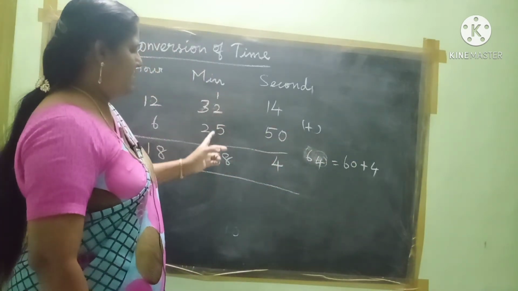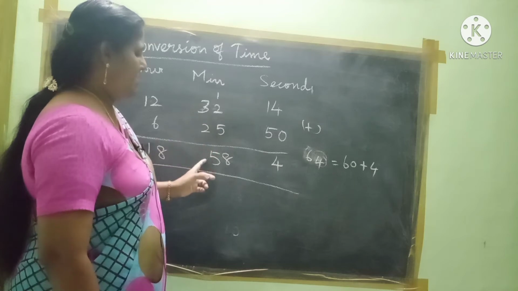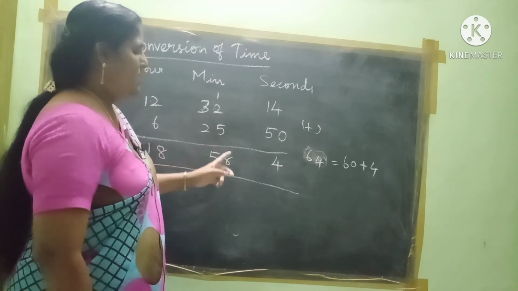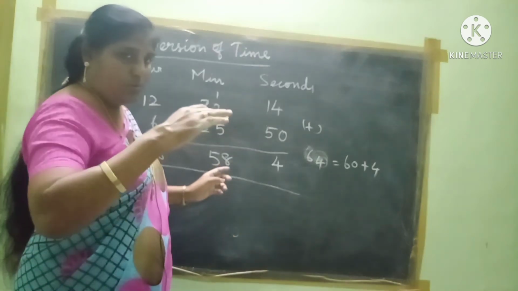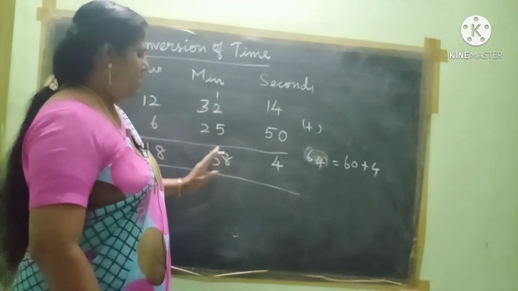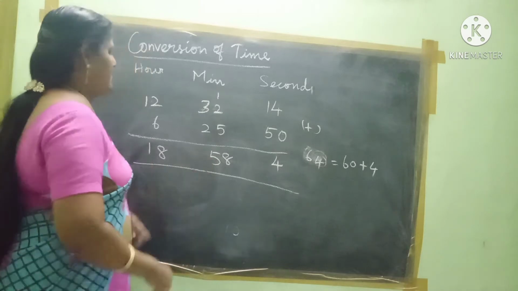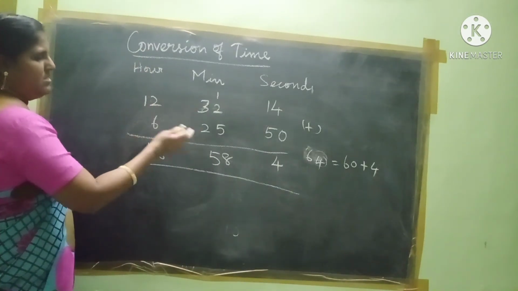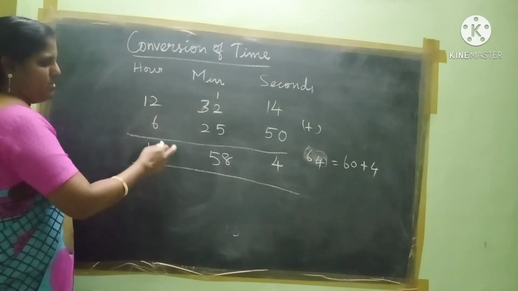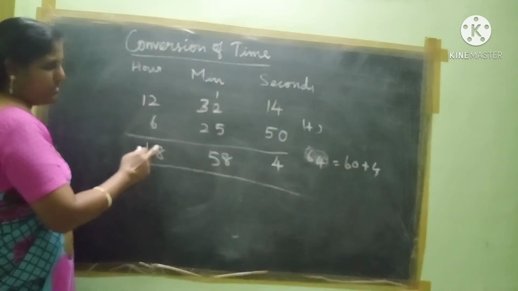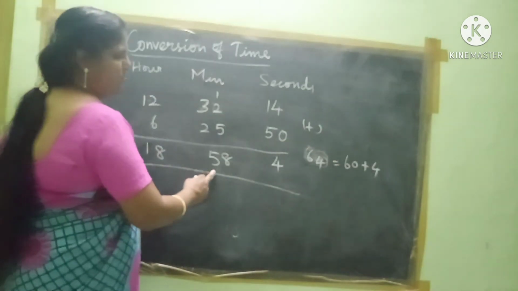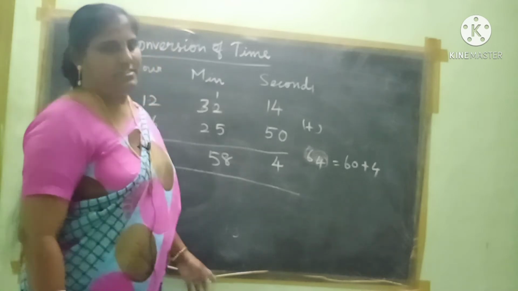So you just add it all. Here the answer is 58. 58 minutes is below 60 minutes. You just keep it here itself. No need to change anything. There is no remainder. So you just add these two. You got 18. So 18 hours 58 minutes and 4 seconds.